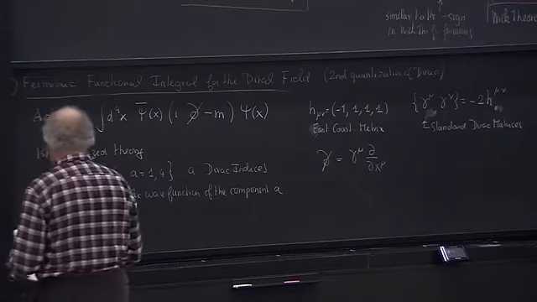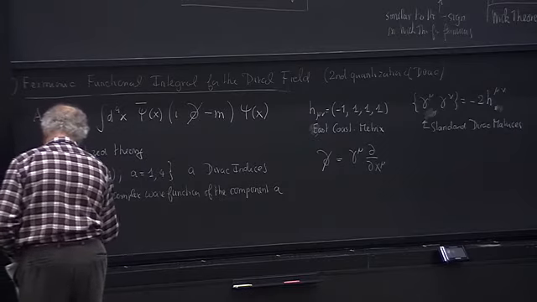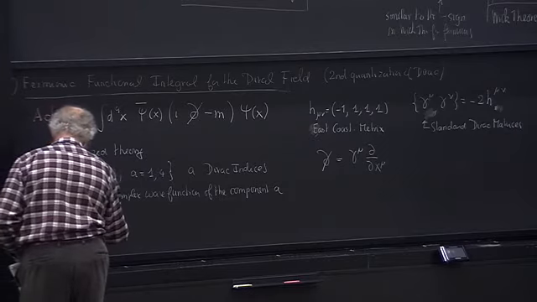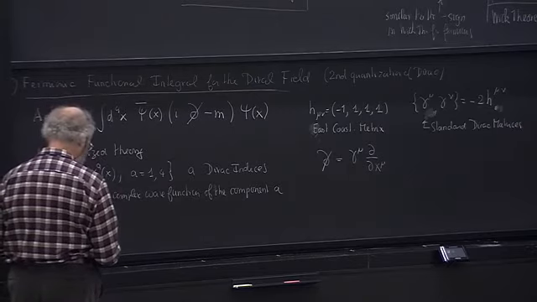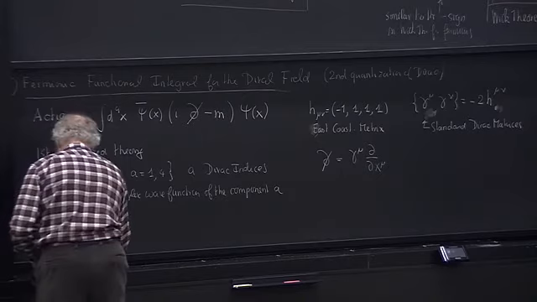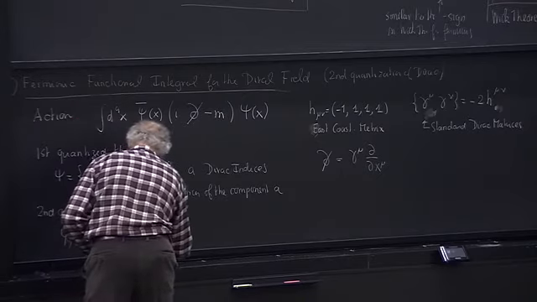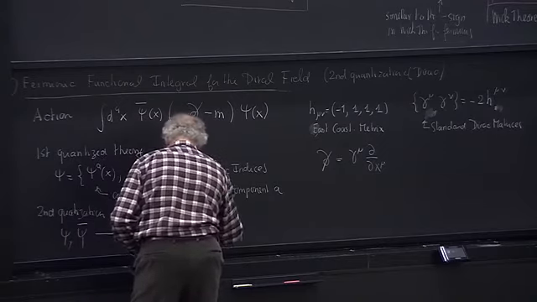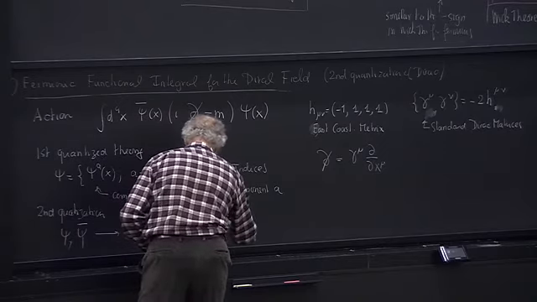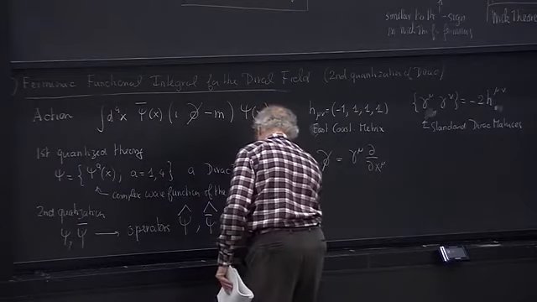And it's in second quantization that you are going to replace psi and psi bar by operators. Let's call them psi hat and psi bar hat, operators acting on the Fock space.